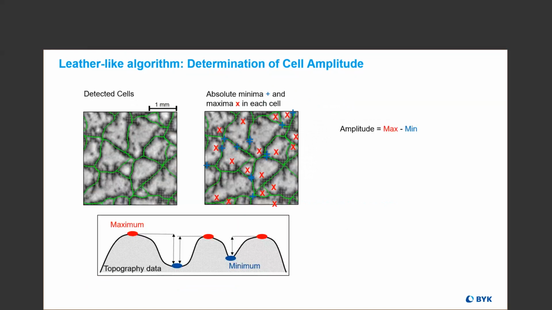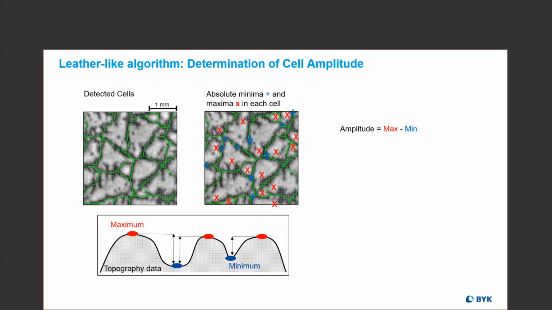So again, we have our topographical image, which has been segmented using the watershed method, and the amplitude of a single cell is calculated as the maximum height of the cell. That's indicated by the red X's in this image to the right.